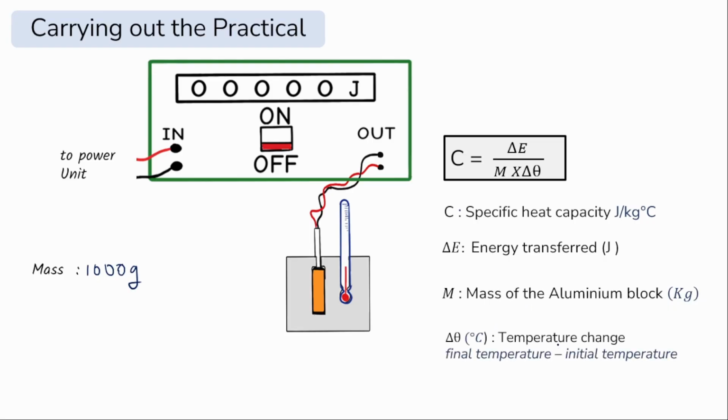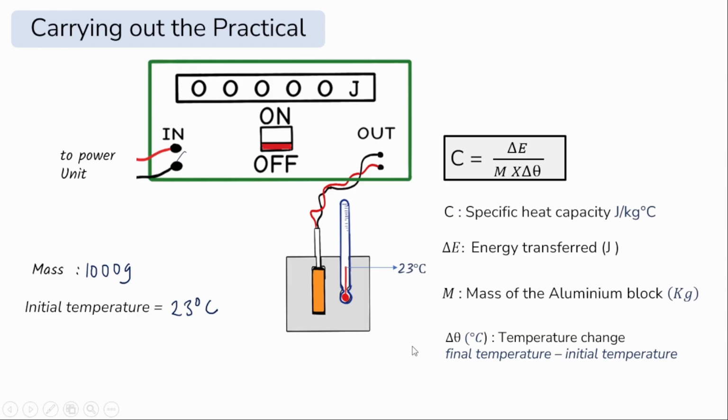And then the temperature change, which is the final temperature minus the initial temperature. So let's say the initial temperature for this block is 23 degrees. We write that down somewhere. And then when we have heated the block for 20 minutes, we take the final temperature and then we can find the temperature change.